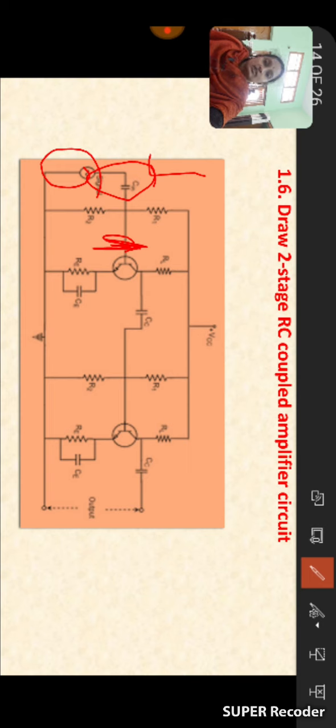So if any excessive voltages are there, then only the capacitor is affected. It will not affect the transistor. So these are the functions of the input capacitor.